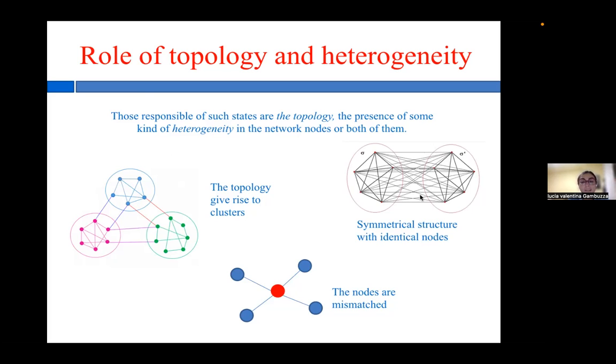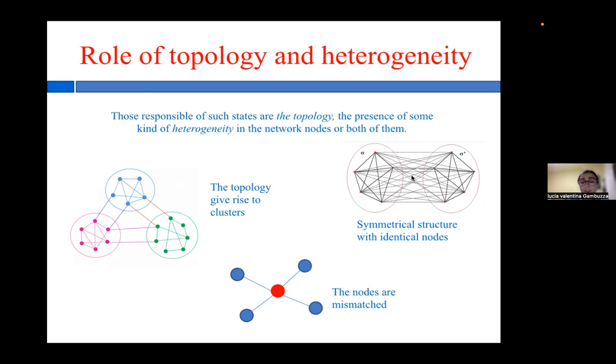On the right, we have a different scenario, which is typical of another particular cluster state, where we have a network which is completely symmetrical, and all the nodes in this network are connected to all the other nodes.